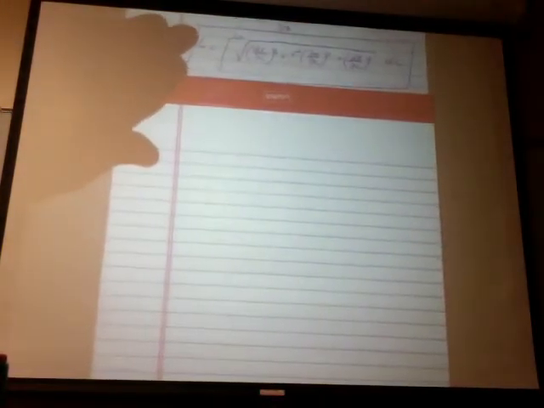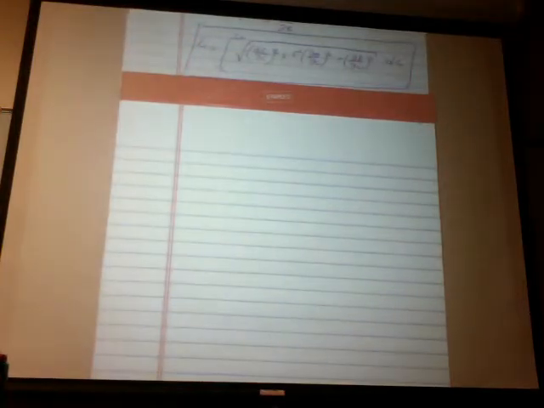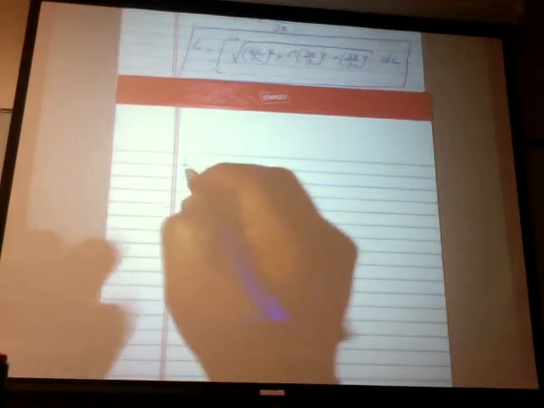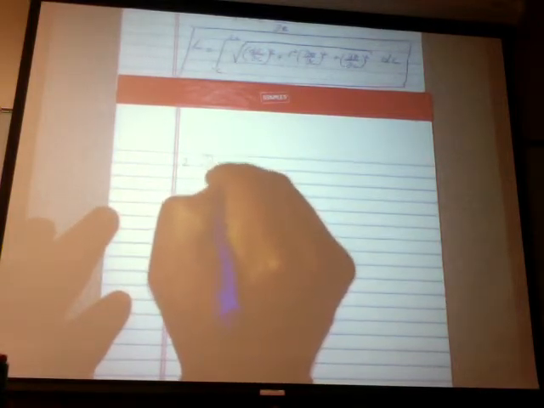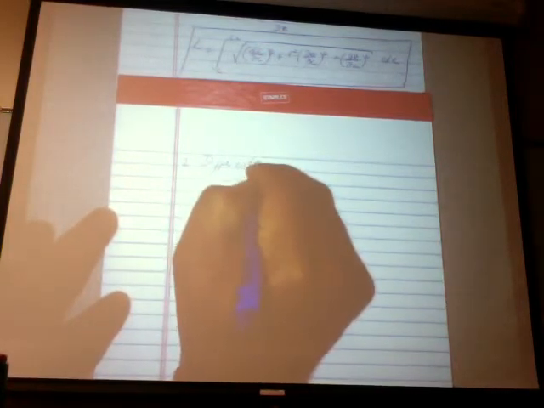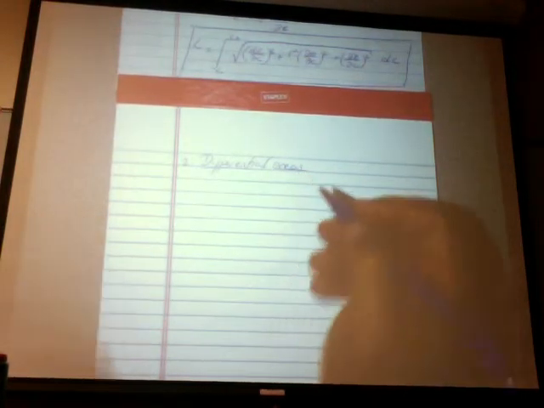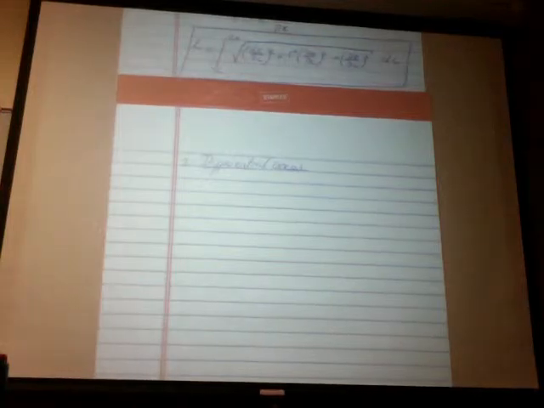Let's continue. So we did 1, differential arc length, 2, differential areas for surfaces. I'm going to call this dS.